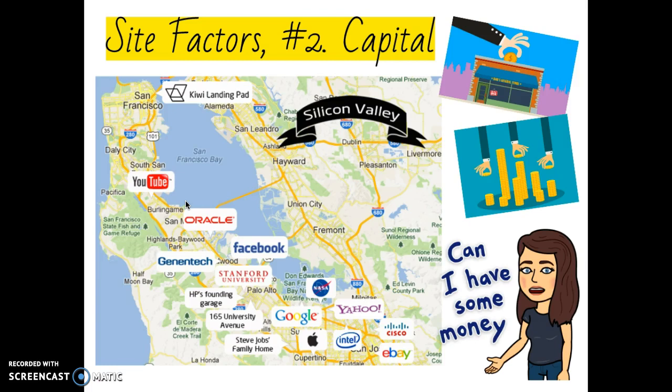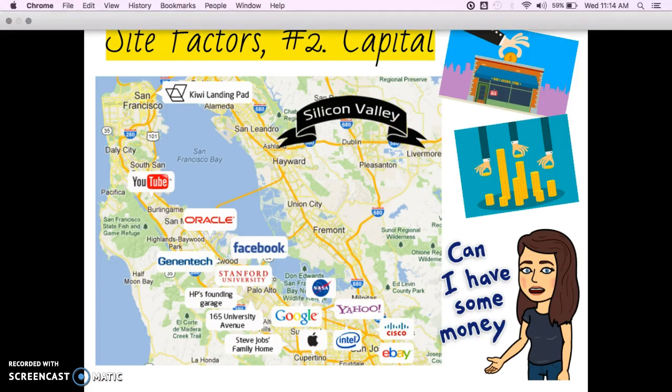Okay, the second site factor is capital. This is funds or money that is typically borrowed from a financial institution. And so we're going to talk about Silicon Valley here in California as a case study for capital. So banks have been willing to provide loans for new software and communication firms in this specific region of California, Silicon Valley, even though other lenders may have hesitated in other places of the world. This is because high-tech industries are really risky.